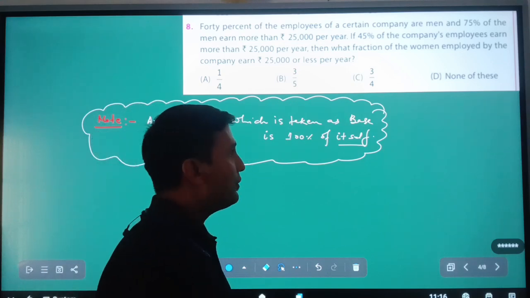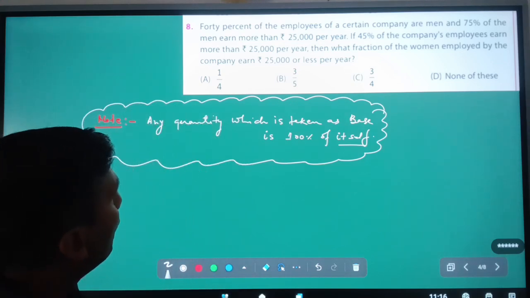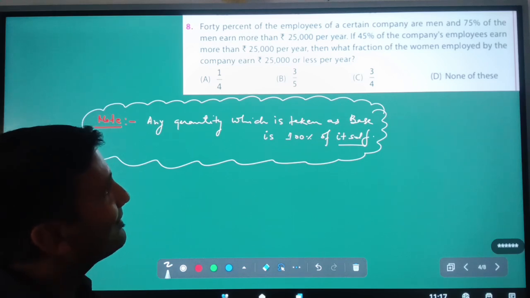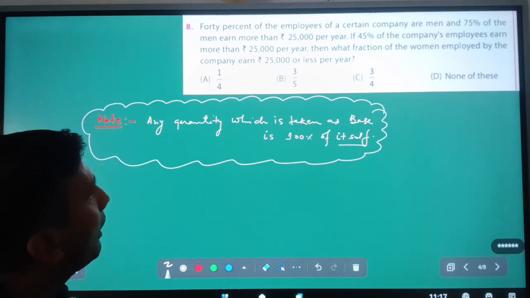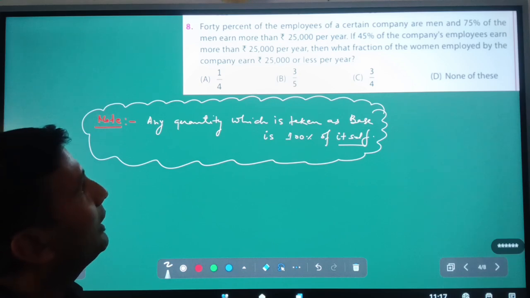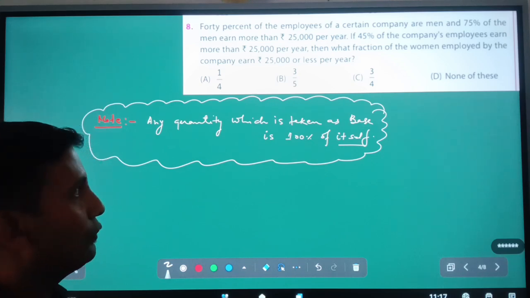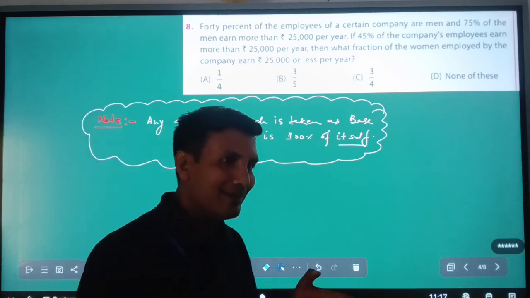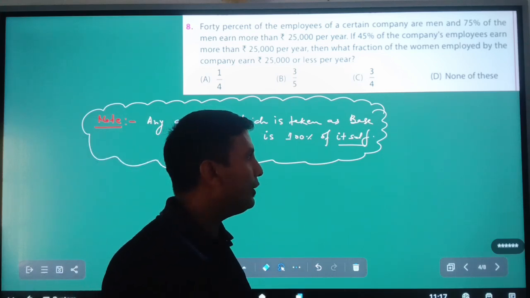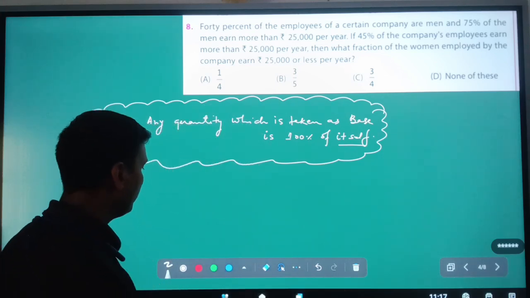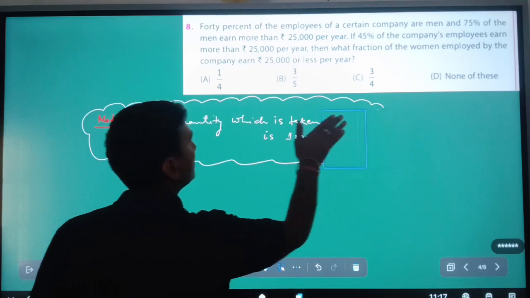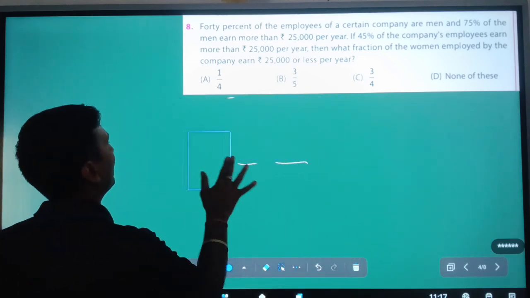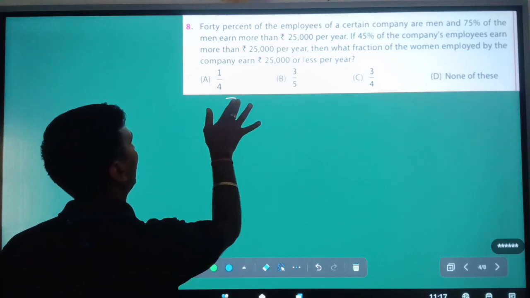Now look at the question. 40% of the employees of a certain company are men, and 75% of men earn more than 25,000 per year. So there are two categories. First, the company's employees have been divided into men and women. And second, they have been divided on the basis of the money they are getting.